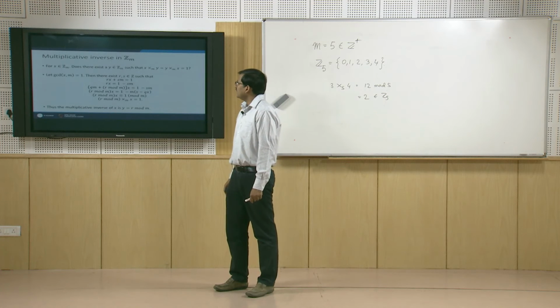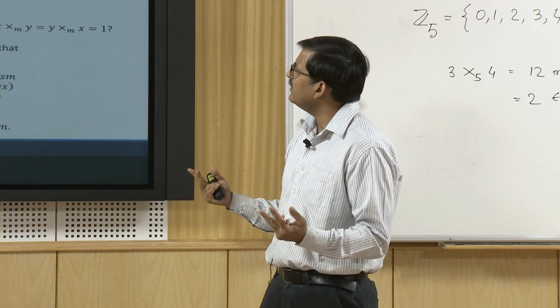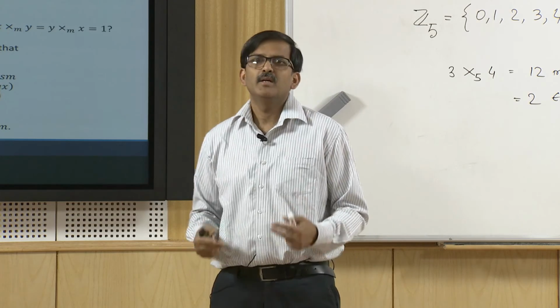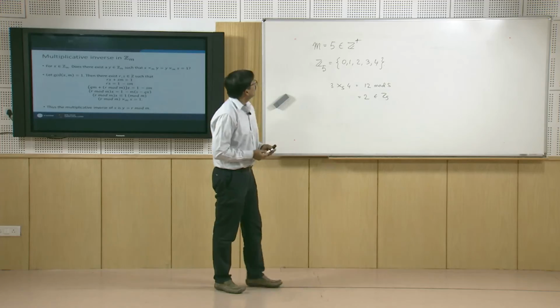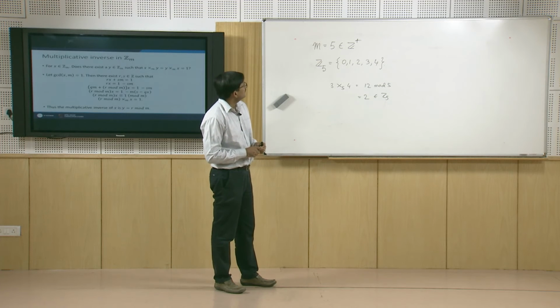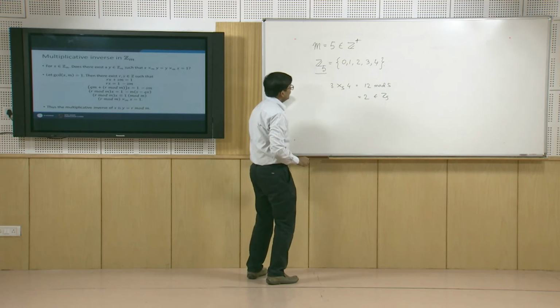Finally, we come to this question: how do we compute multiplicative inverse in Zm? First of all, what is a multiplicative inverse? We might have certain numbers in Zm. Let us look at this Z5.